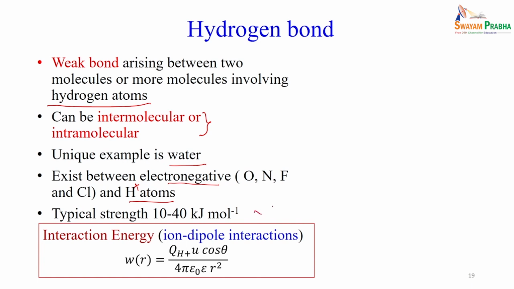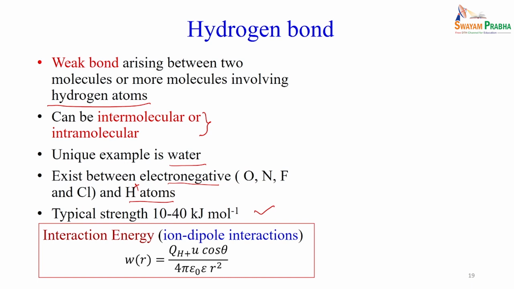And the typical strength, as we said, it is a weak bond, varying between 10 to 40 kilojoule per mole. So, the interaction energy for hydrogen bond formation is calculated.